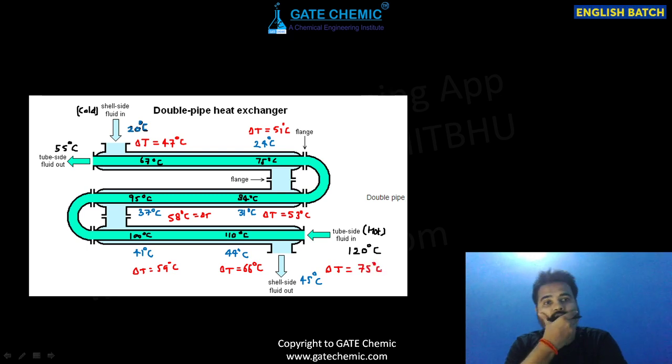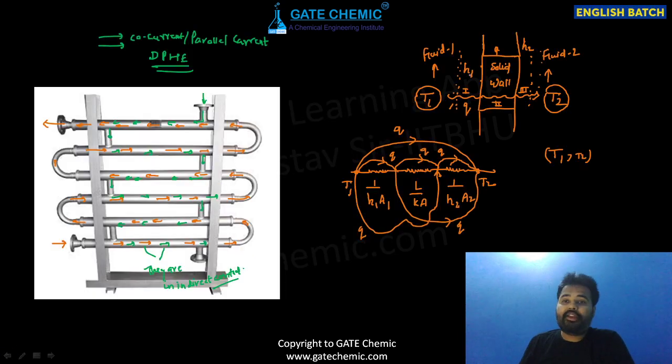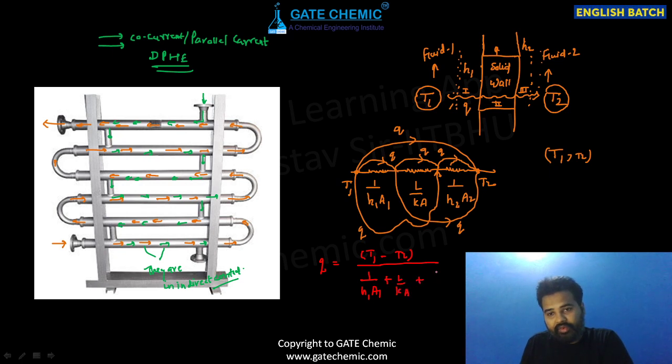Oh my god. Which delta T? Here at the start, the delta T was just 35 degrees Celsius. Now, which delta T should we take if we want to calculate using this formula, Q equals T1 minus T2 whole upon 1 upon H1A1 plus L by KA plus 1 upon H2A2?